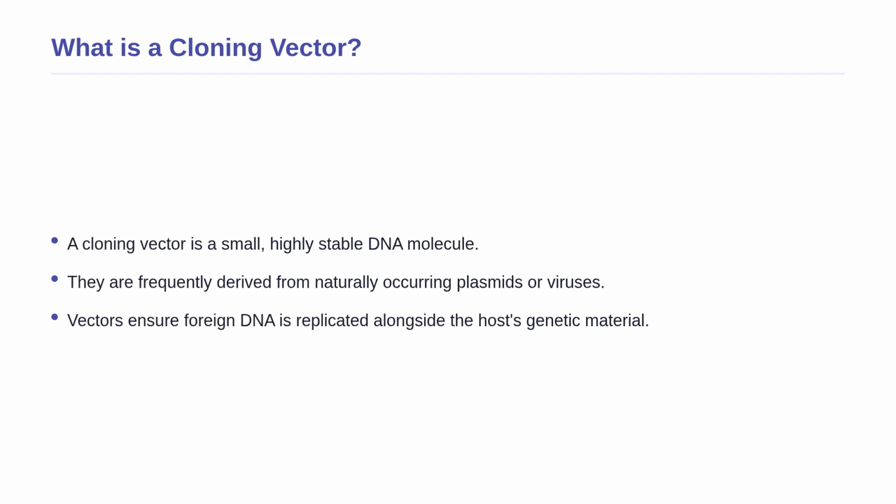Once it is safely inside the host cell, the vector ensures that the foreign DNA is replicated. This means it is copied alongside the host cell's own genetic material, preventing the host from recognizing the naked DNA as foreign garbage and destroying it.